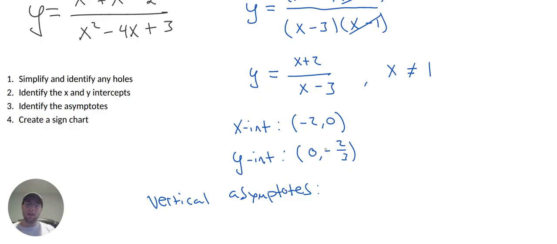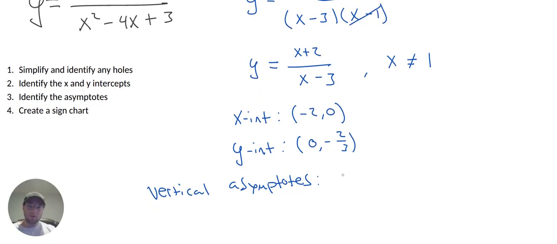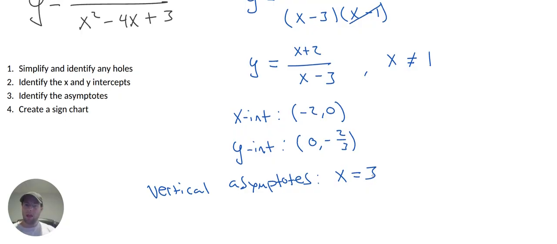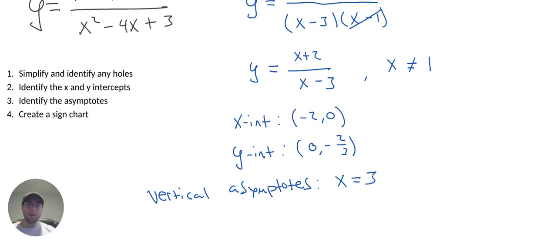In this case, our denominator will equal 0 when x equals 3, so we're going to have a vertical asymptote at x equals 3. Notice that I'm not saying that x equals 1 is a vertical asymptote, because that is a hole, and that is different than a vertical asymptote.